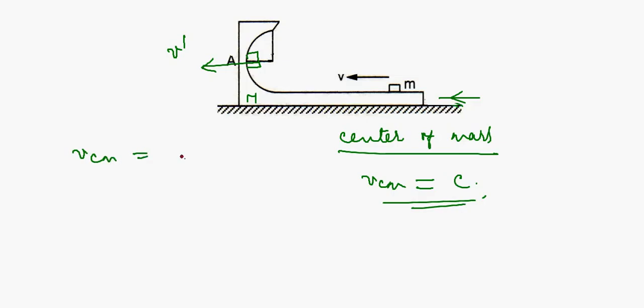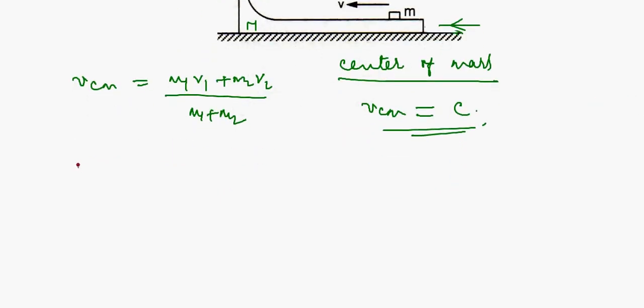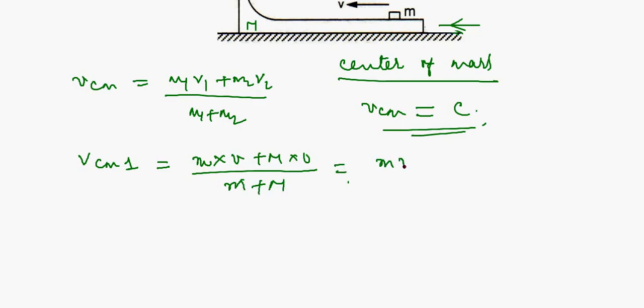Velocity of the center of mass is given by m1 v1 plus m2 v2 divided by m1 plus m2. Initial velocity of the center of mass, Vcm1, is m into v plus capital M into 0 divided by m plus M, which is mv by (m plus M). This is equation 1.